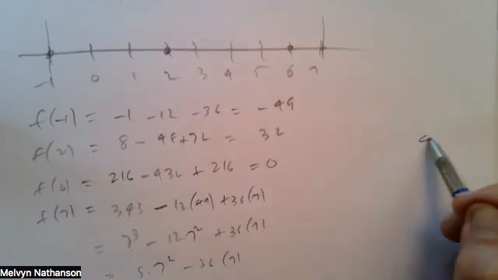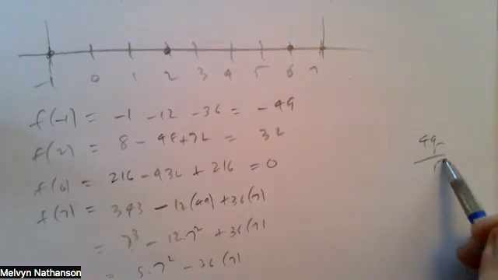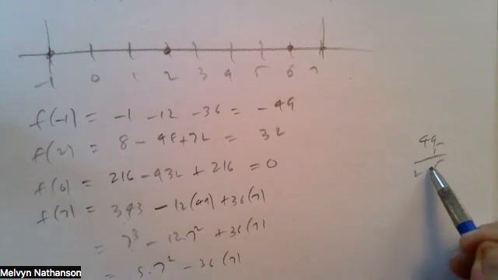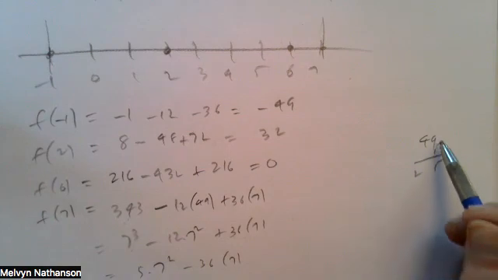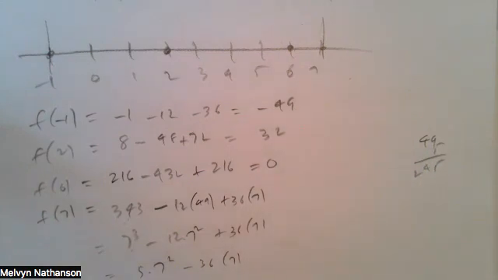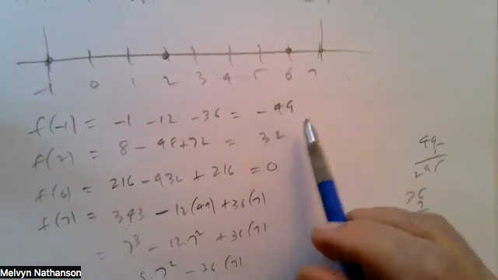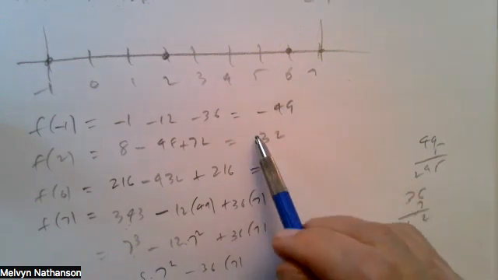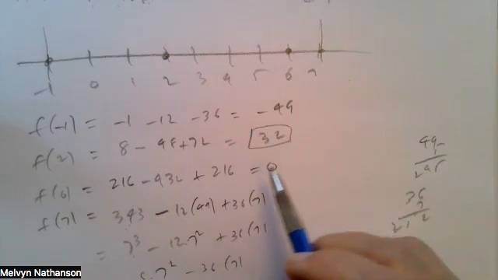So 49 times 5, 245. And 36 times 7, 252, if my arithmetic is correct. That's minus 7.